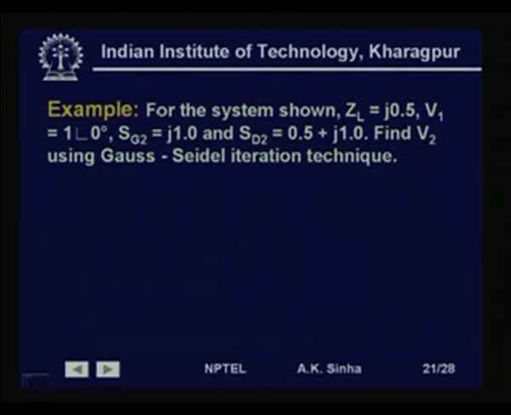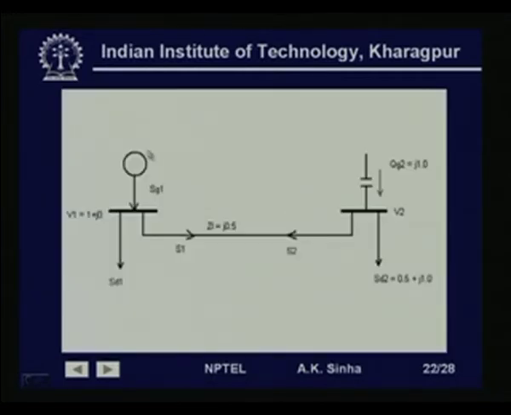Here we have a system shown in the figure, a simple 2 bus system, where we have a bus 1 with complex power injection, and the voltage at this bus is given as 1 plus j0, that is, magnitude is 1, angle is 0 degrees. This is connected to another bus through a transmission line whose impedance is j0.5.